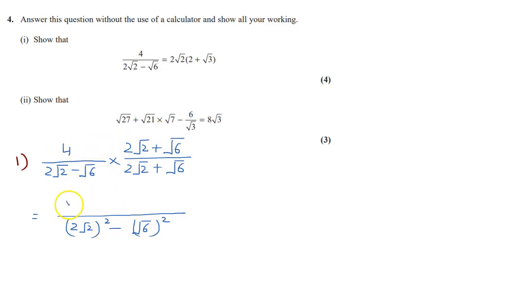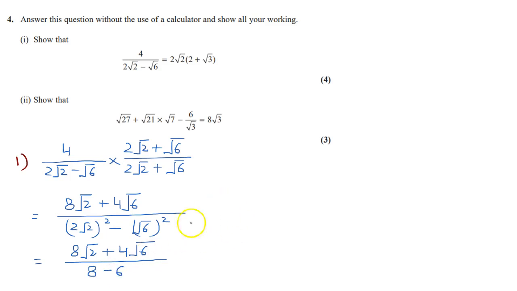Now 4 times 2 is 8 root 2 plus 4 root 6. So this is 8 root 2 plus 4 root 6. 2 square is 4 and root 2 square is 2. 4 times 2 is 8 minus 6.